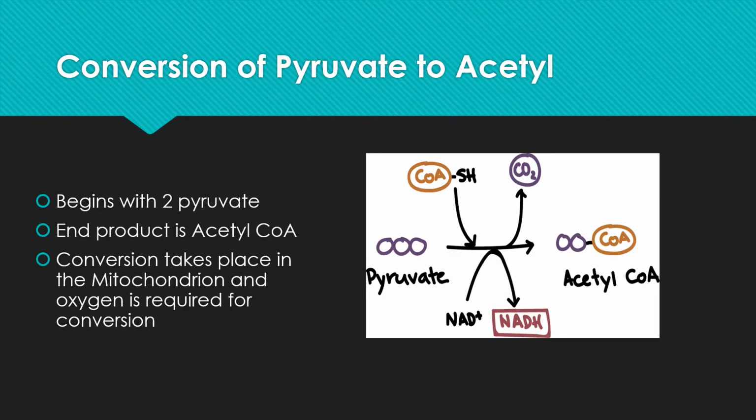The conversion of pyruvate to acetyl coenzyme A begins with 2 pyruvates. Pyruvate is made from glycolysis. The end product is acetyl coenzyme A. This process, the conversion of pyruvate to acetyl coenzyme A, is actually called the pyruvate dehydrogenase complex.